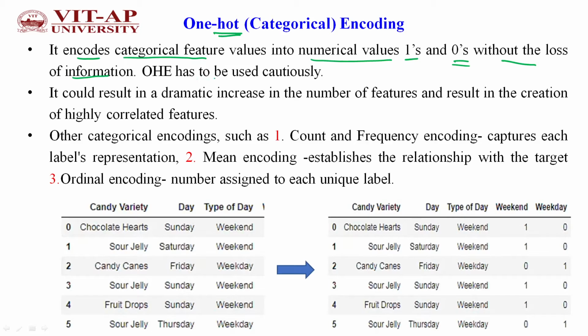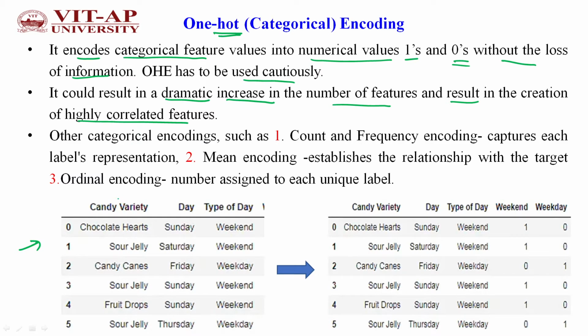So one hot encoding has to be used cautiously. It could result in a dramatic increase in the number of features, resulting in the creation of highly correlated features. You look at this example.